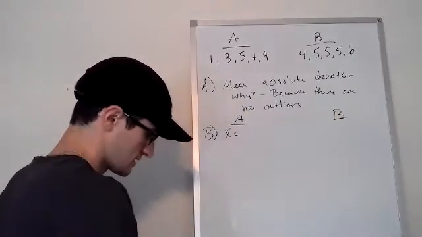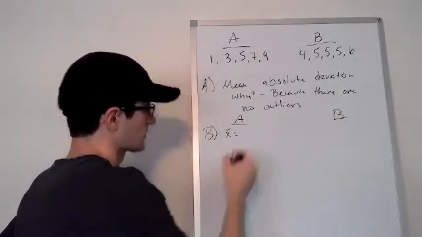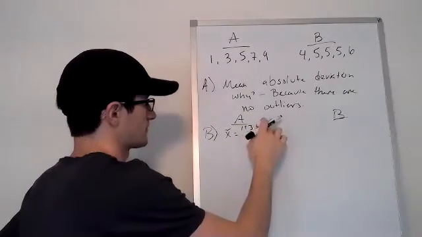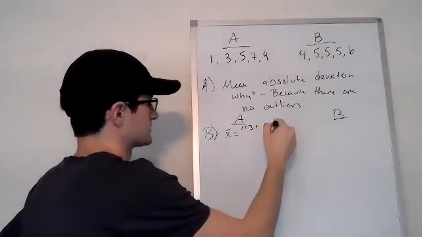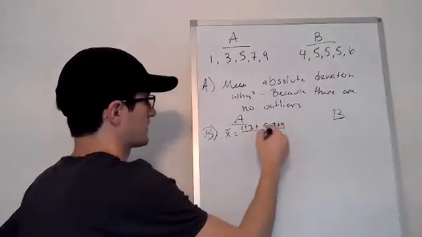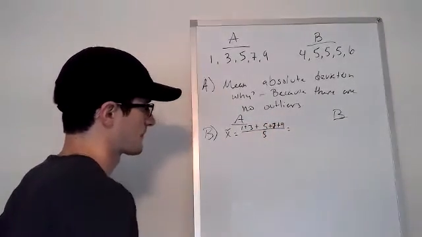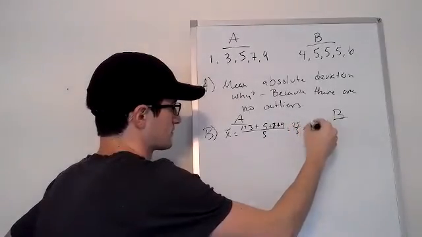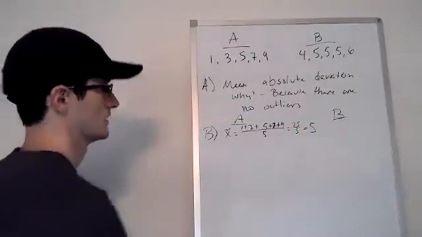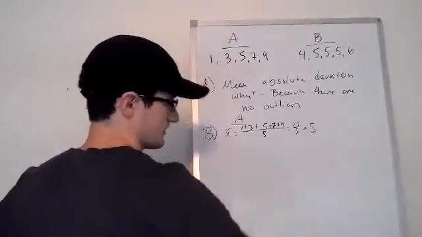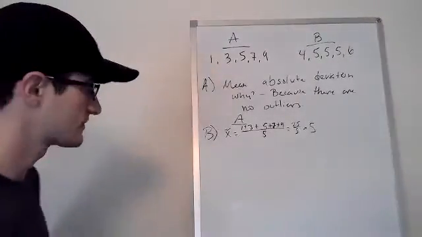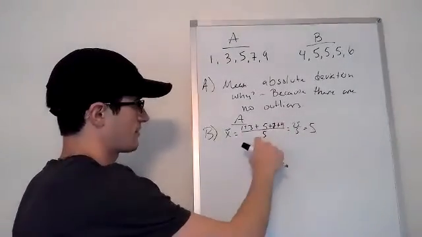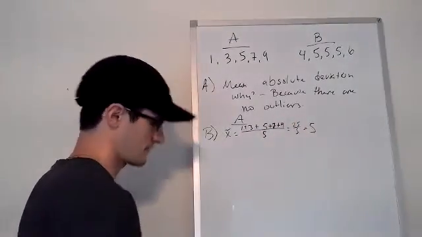So that would be 1 plus 3 plus 5 plus 7 plus 9 divided by 5. This is 25 divided by 5. So again, you add them up, divide by the total number, so 25 over 5 is 5.